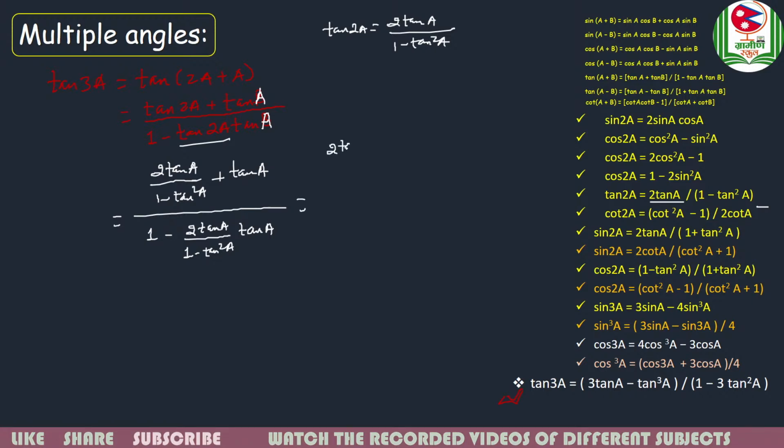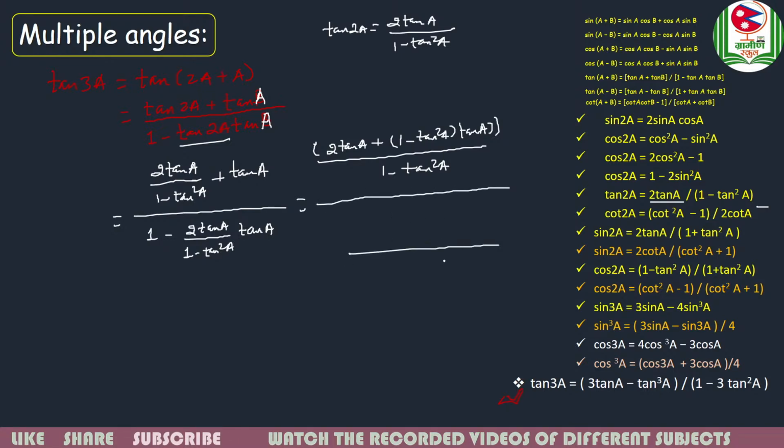So 2 tan a plus 1 minus tan square a into tan a, divided by 1 minus tan square a, and again the whole is divided by 1 minus tan square a, 1 minus tan square a minus 2 tan square a.